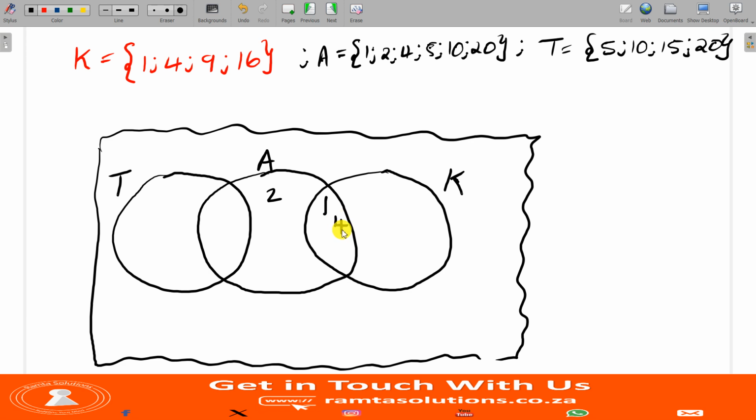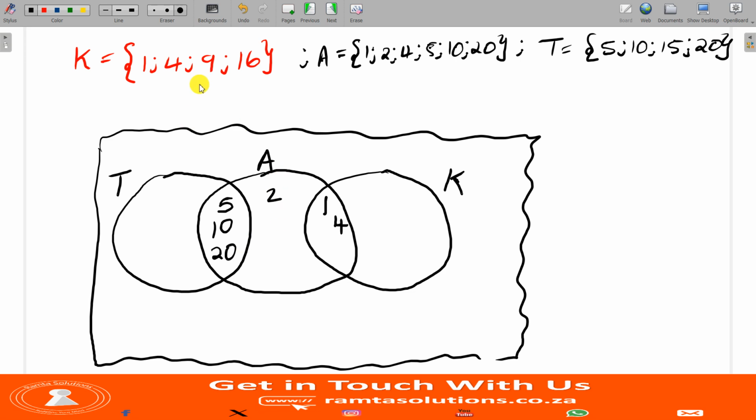And then 5, it's common for Anati and Tiamo. 10 is also common for Anati and Tiamo. 20 is common for Anati and Tiamo once again. And then it seems we are done for Anati.